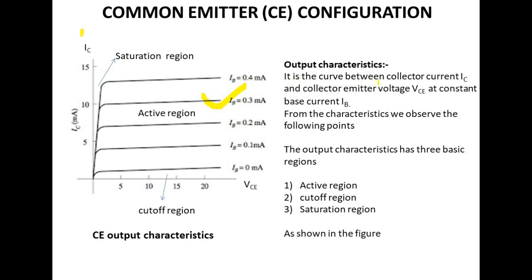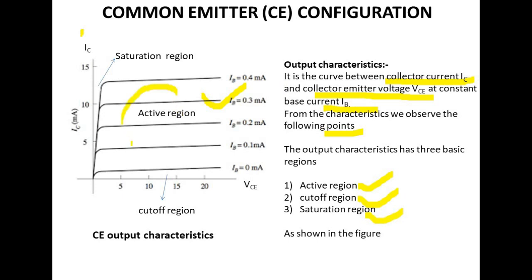So it is the curve between the collector current IC, that is the output current, and collector emitter voltage VCE, which is the output voltage, at constant base current IB, which is the input current. From the characteristics, we observe the following points. The output characteristics has three basic regions: active region, cutoff region and saturation region.